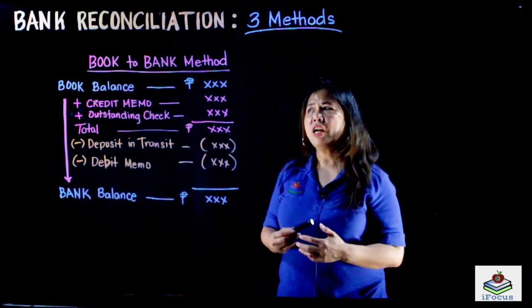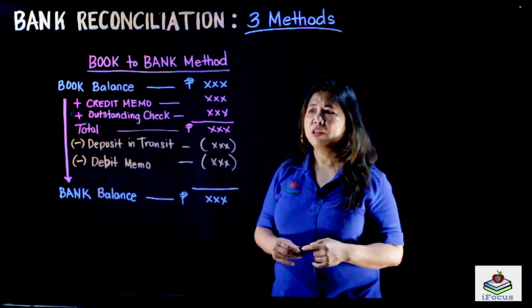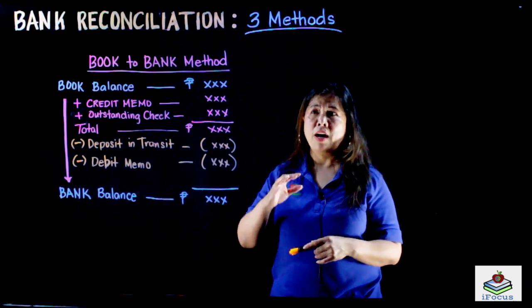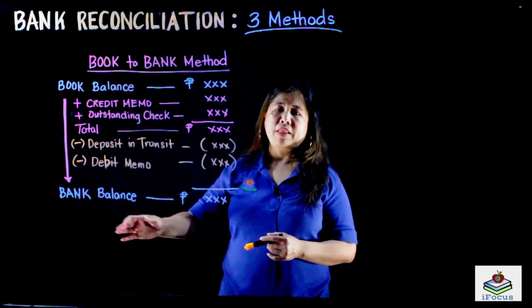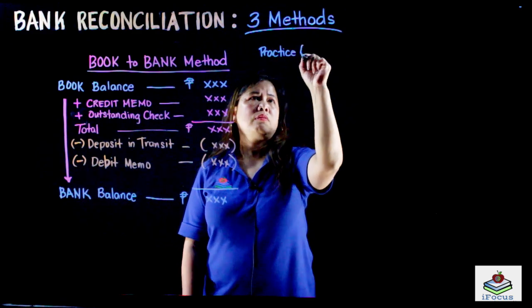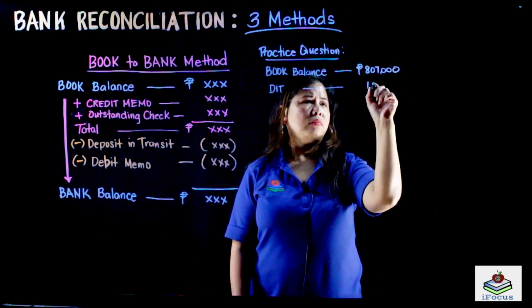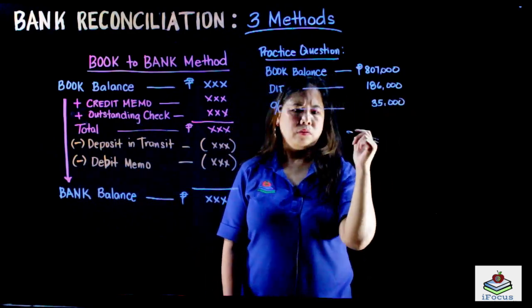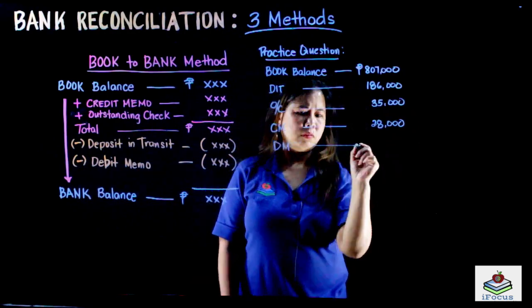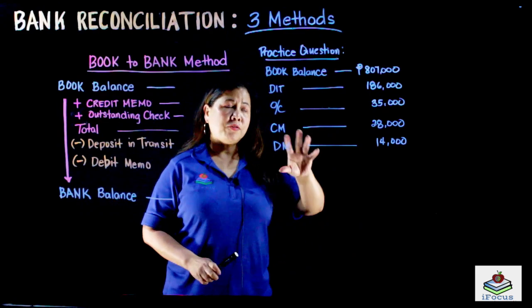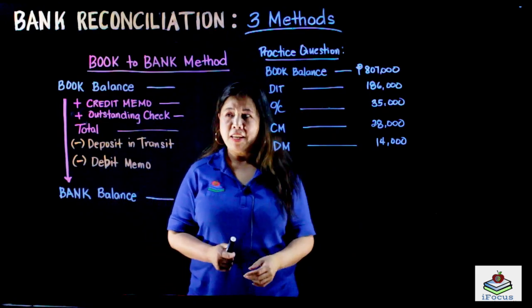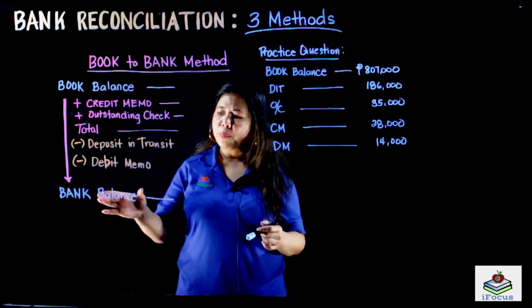Para ma-appreciate mo itong book to bank methods, magbibigay ako ng mga amount to get our bank balance. So, ito ang mga information sa mga amounts na kailangan natin to find the bank balance.